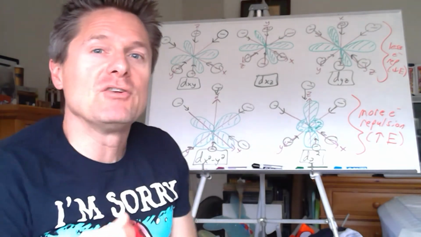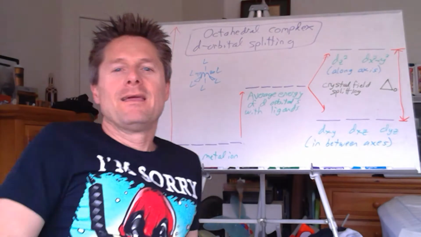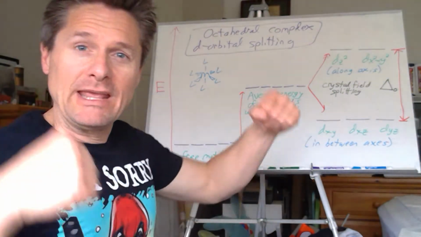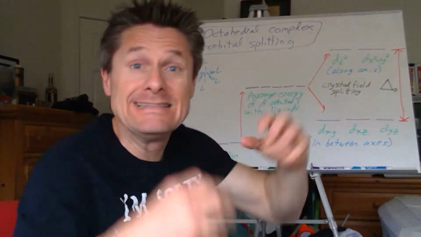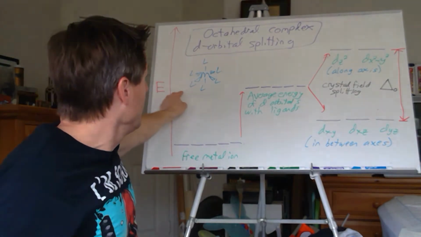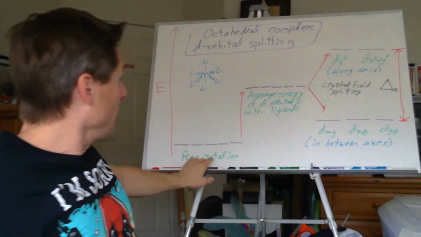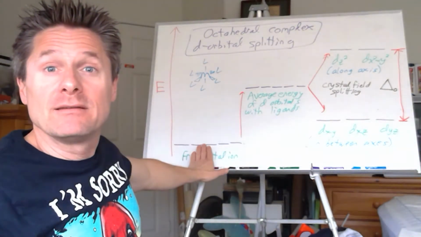All right, let me draw that on the next board for you, show what that looks like. All right, you ready for the result of these ligands approaching in an octahedral shape? So again, this is the octahedral complex, d orbital splitting. This is what the octahedron looks like, and the ligands are coming in along the x, y, and z axes. So imagine this is the free metal ion with the 5 degenerate d orbitals, right?